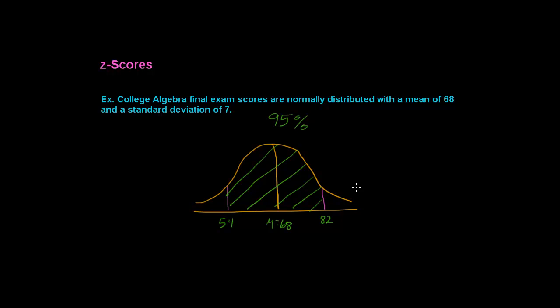So again, if we had 100 test scores, we would expect that 95 of them fall between these two scores.